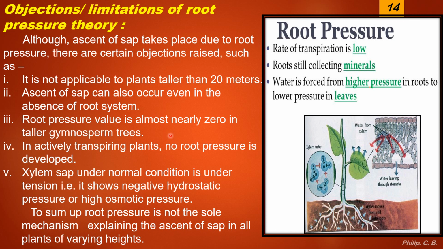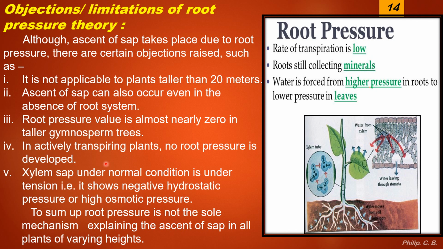Now, as we know, students, gymnosperms are mostly tall trees, so in that case the root pressure is zero. In actively transpiring plants, no root pressure is developed. So where active transpiration takes place, root pressure is not developed at all.